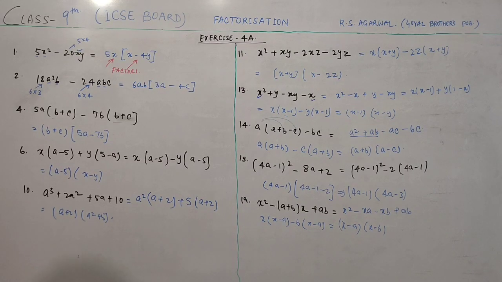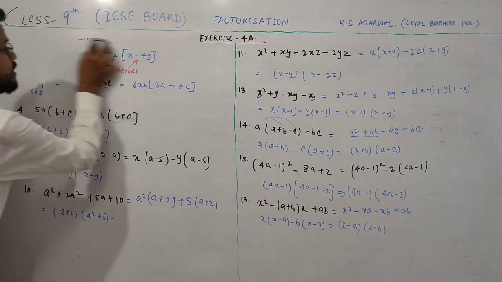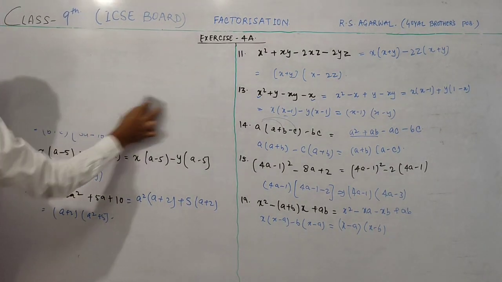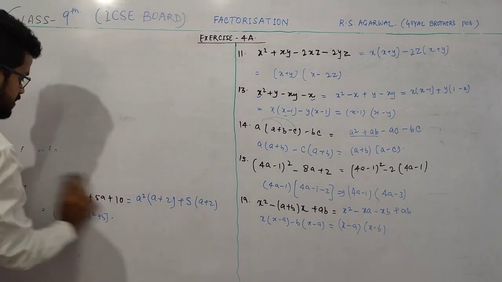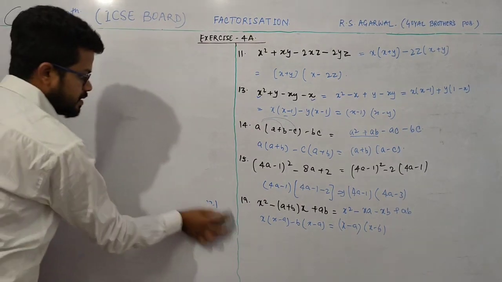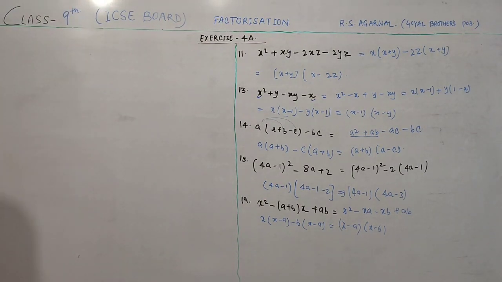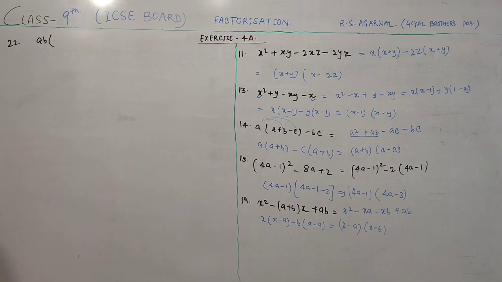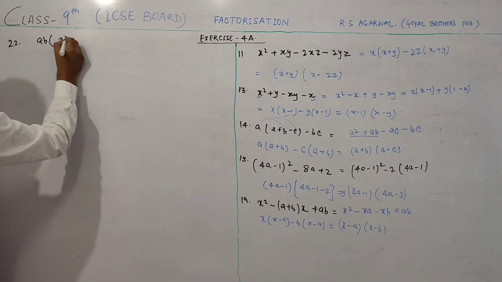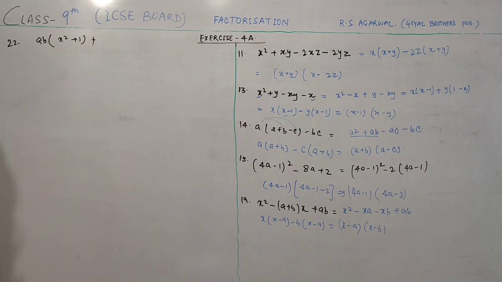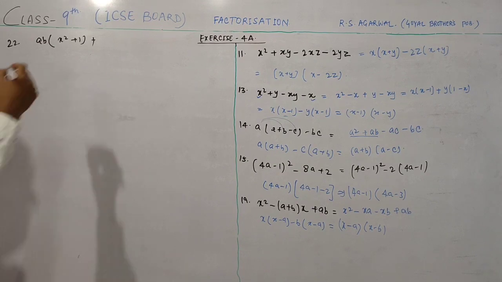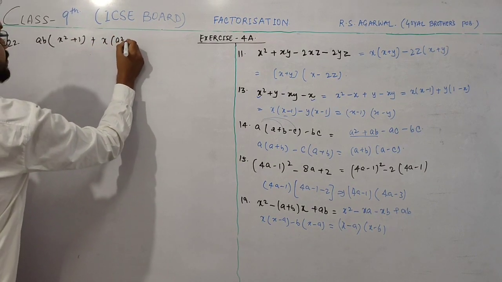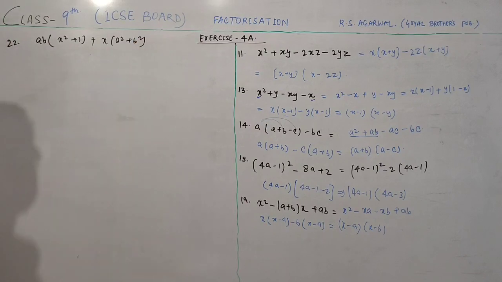Question number 22 is AB x square plus 1 plus x a square plus b square.